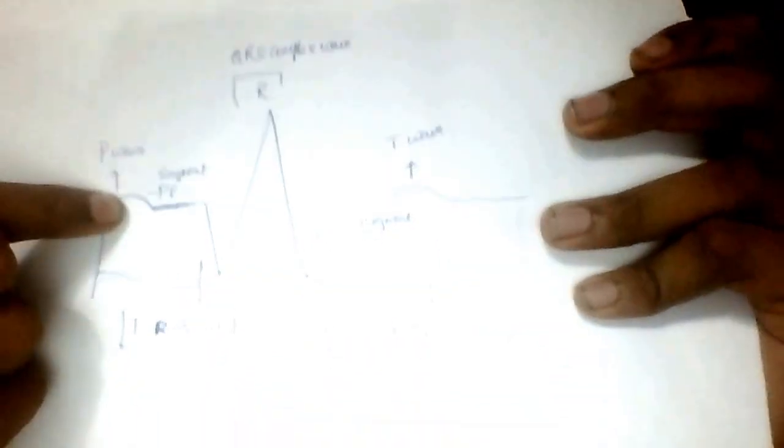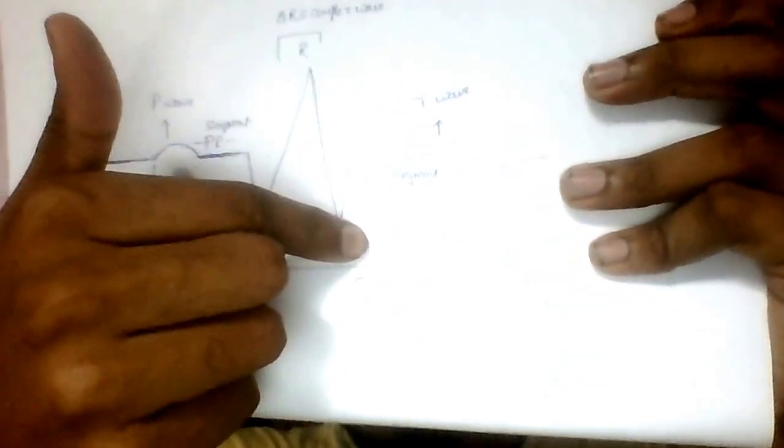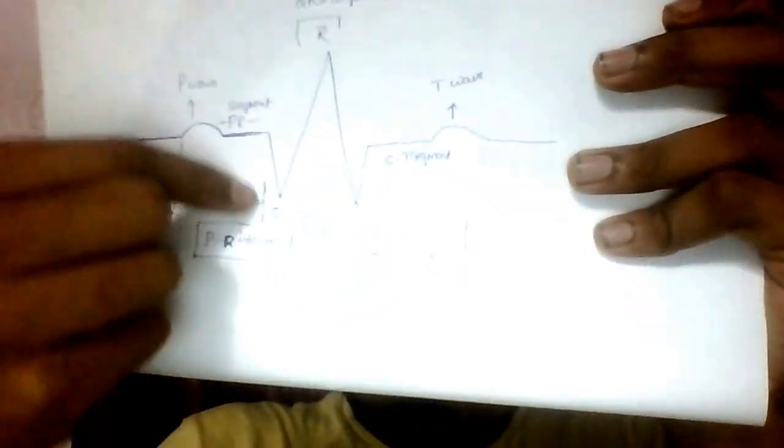The ECG is in the form of a graph. It has a P wave, a Q wave, an R wave, and an S wave. We call the Q, R, S waves the QRS complex. And we have a T wave here.